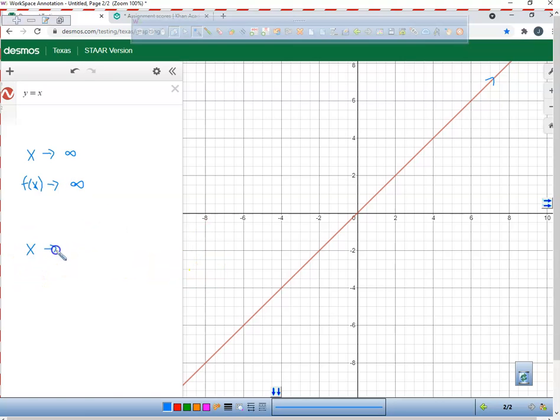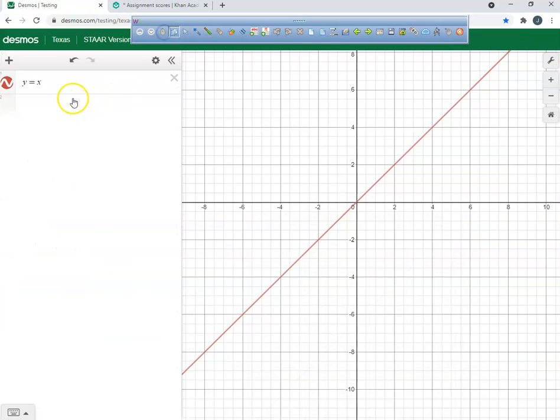As x approaches negative infinity, going to the left, it's going down, so f of x would approach negative infinity. This is the right end behavior, and this is the left end behavior. You don't have to write all this down. If you want to make a quick little sketch, you can, or you can just watch and see if you understand the concept.